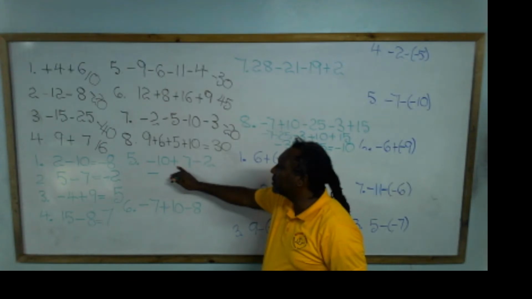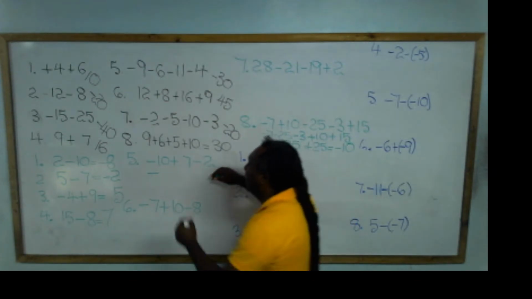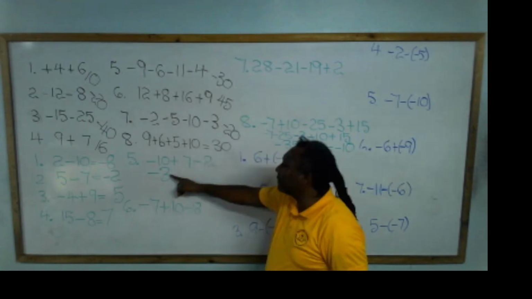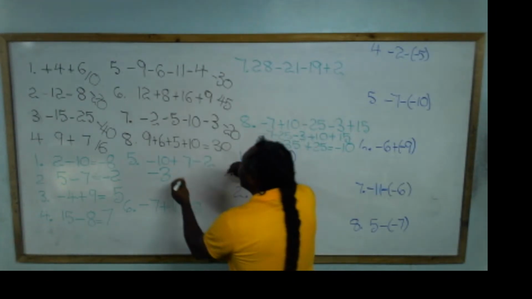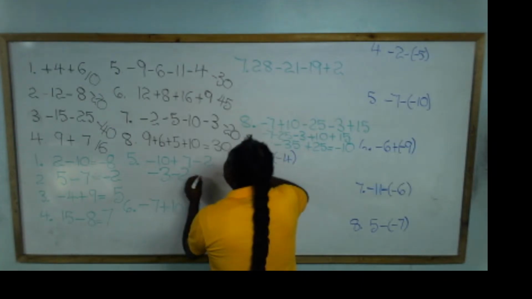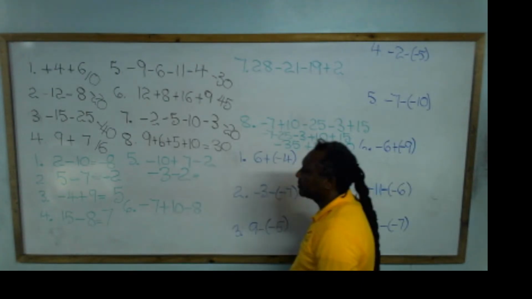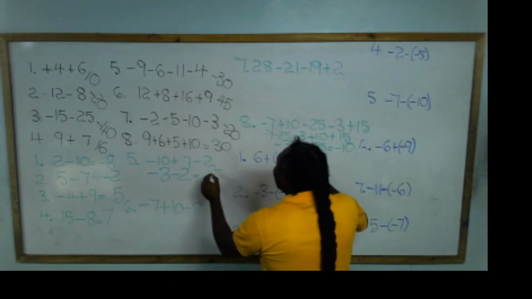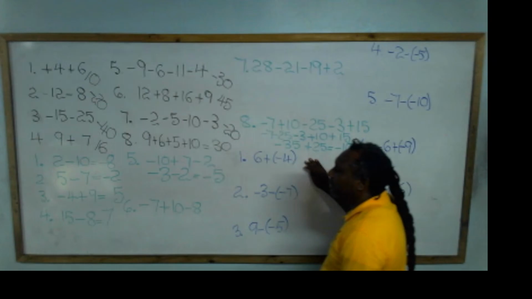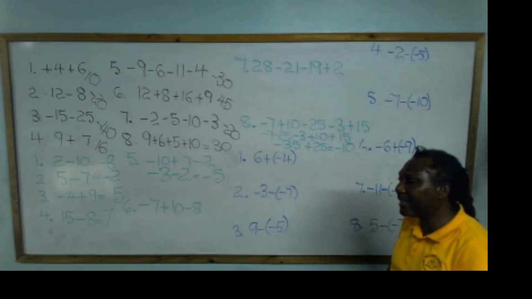And the answer will take the same sign as the larger number. So we'll have a negative 3 there with the negative 10 and the positive 7. Then we'll have a negative 2. And the answer will be negative 5. We add them and the answer will take the same sign as the numbers that we have added.